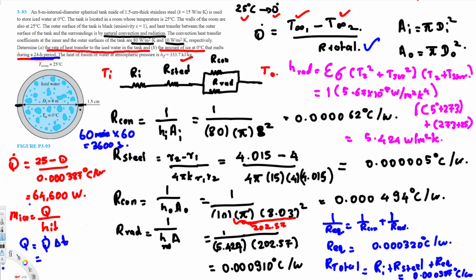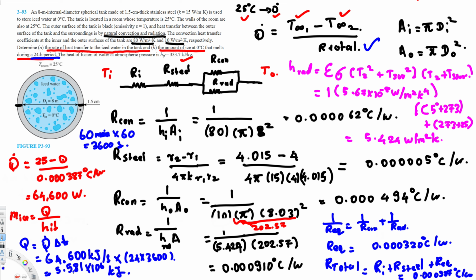So let's convert this one to kilojoule, 64.6, because we are dividing by 1,000 in order to convert into kilojoule. Kilojoule per second, multiplied by delta T, that's 24 times 3,600. And if you multiply, that's going to give you 5.581 times 10 to the power of 6 kilojoule.